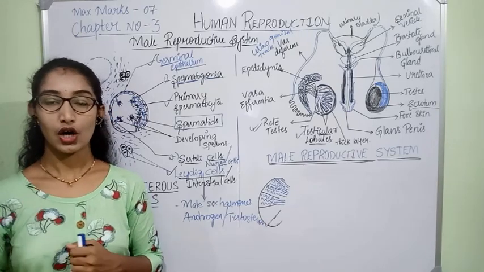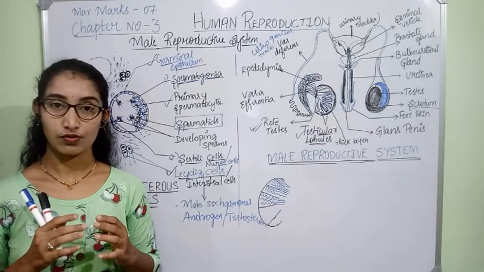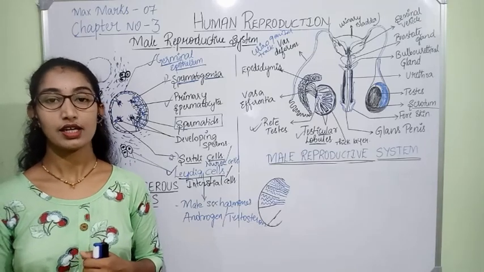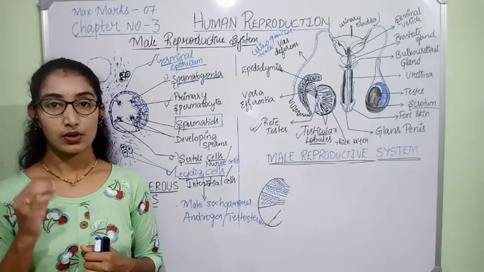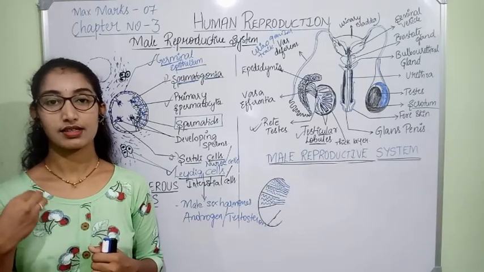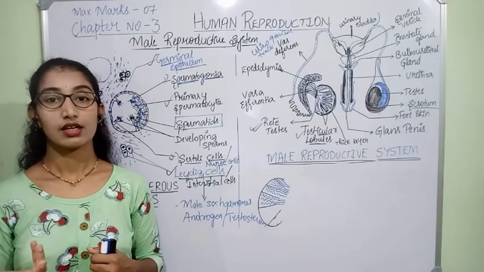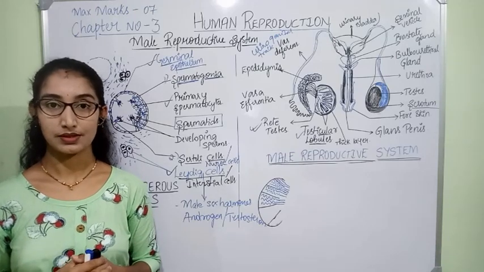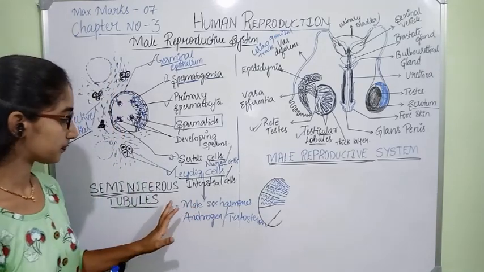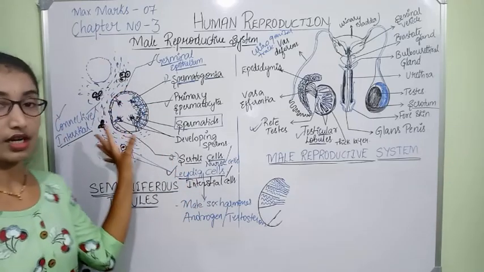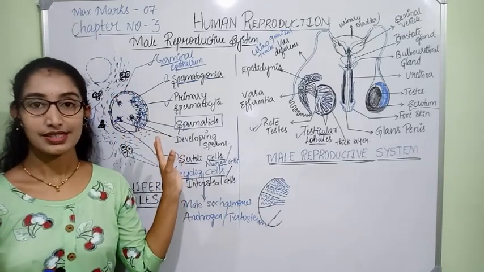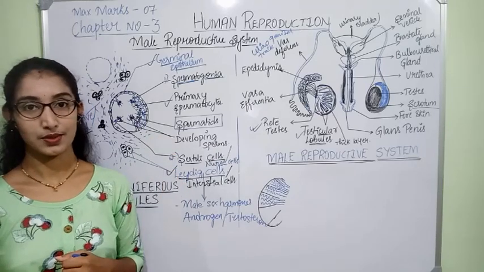These hormones are essential and control and regulate the production, formation and development of the sperms, and they completely regulate the function of the seminiferous tubules.